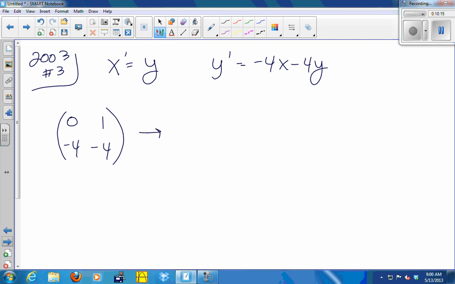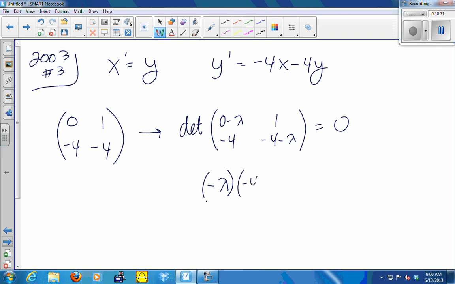So to get the characteristic equation, I do the determinant of 0 minus lambda, 1, -4, -4 minus lambda, equal to 0. So I have negative lambda times -4 minus lambda, minus -4 equals 0.